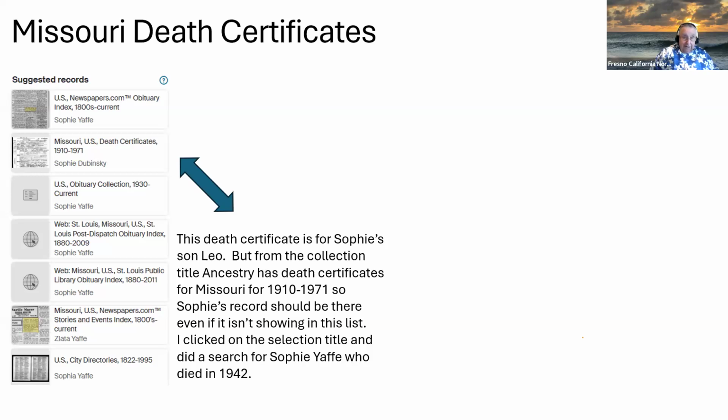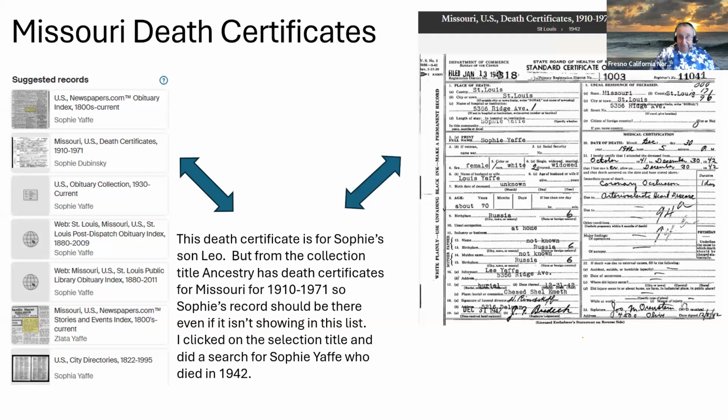But that gave me the idea, if she died before 1972, hopefully I can get her death certificate. And sure enough, she was dead in 1942, and so I was able to come up with it.